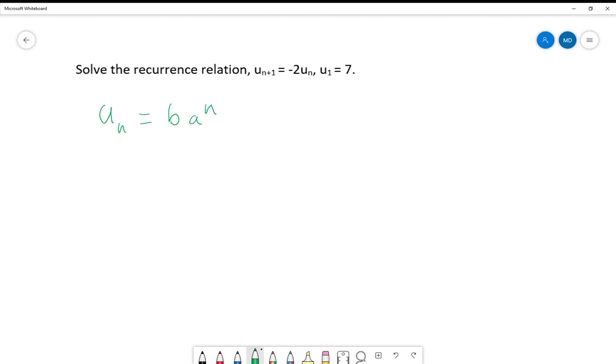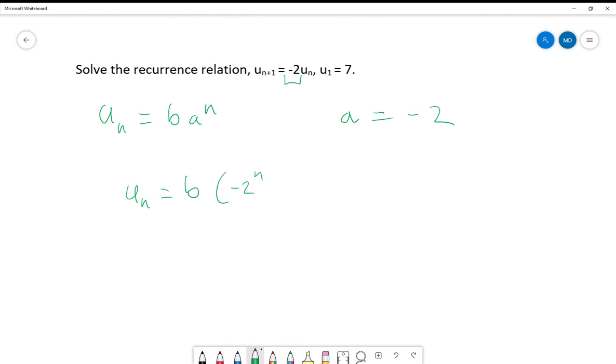But we have a nice little bit of information, because what are we multiplying by repeatedly? We're multiplying by this negative 2 repeatedly. So the a, the thing that's being raised to the power of n, must be negative 2. And so I get u_n is equal to b times negative 2 to the n.